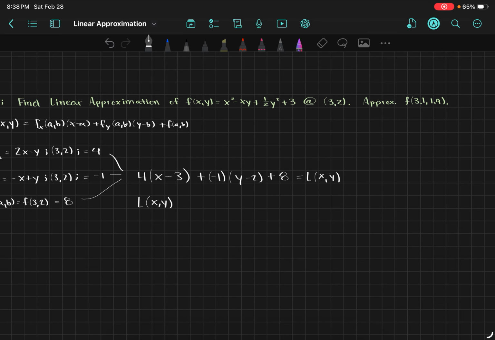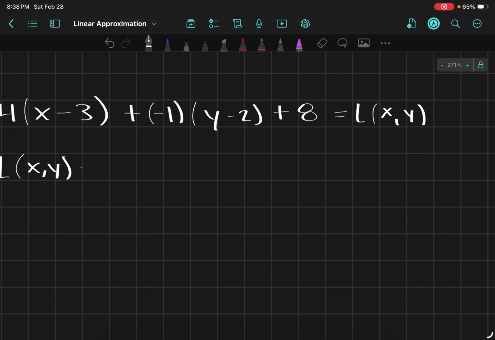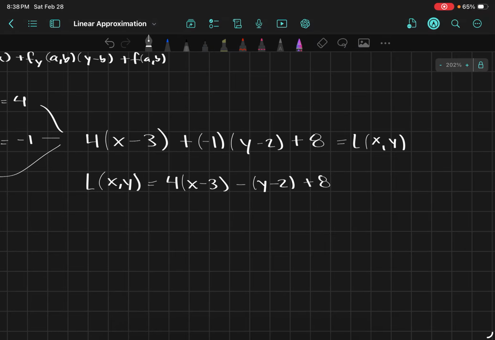This is going to be a pain to approximate if we wanted to do that, because then we'd have 4 times 0.4 minus 12. It's just not worth it. So we're going to go ahead and simplify this just a little bit. Perhaps redundant that I was just making a big spiel about not doing it, but we just got rid of the negative 1, essentially. So that's our linear approximation at xy.